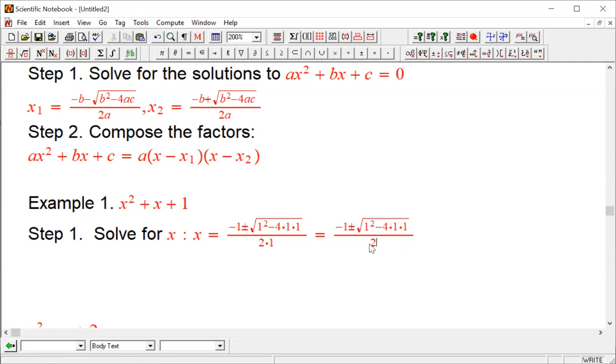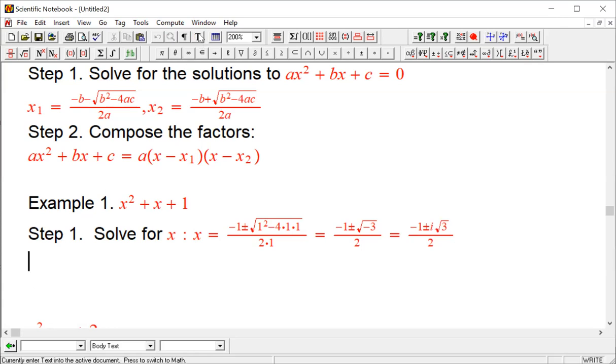Over 2 times 1, negative 1 plus or minus the square root of 1 minus 4, that's negative 3. So we're going to have complex number factors. Right here we get negative 1 plus or minus i times root 3, over 2. And here you go.